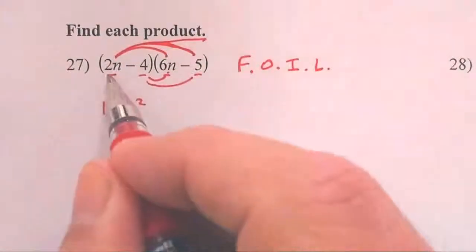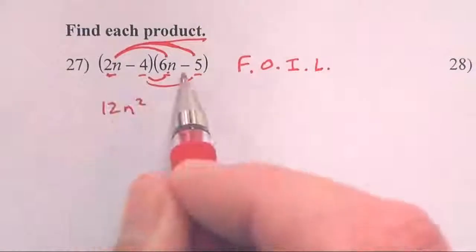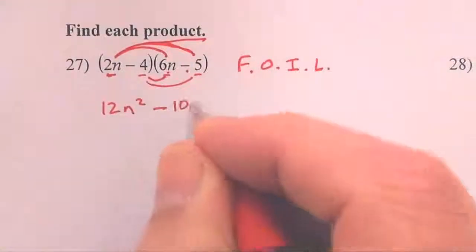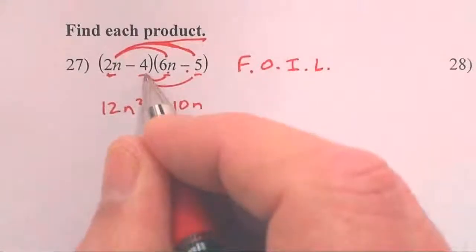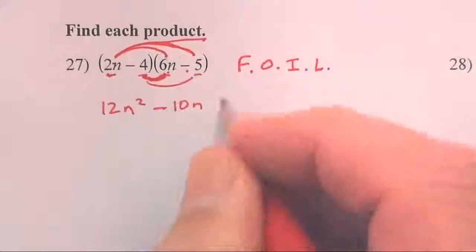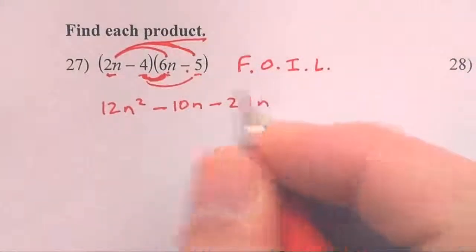Outside product, before I multiply 2 times 5, positive times negative, negative. Now 2 times 5, 10 with an n. Insides, minus times plus, minus 4 times 6, 24 with an n.